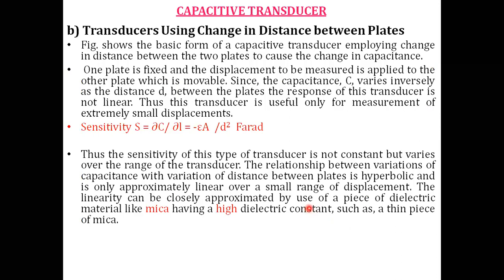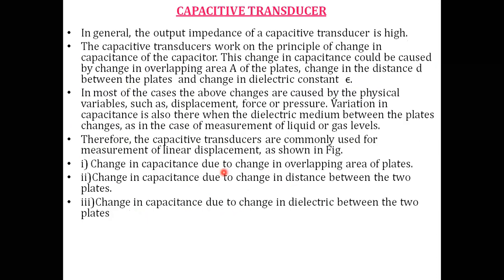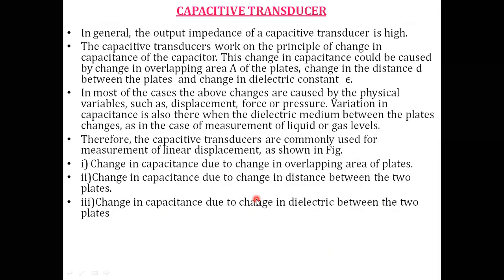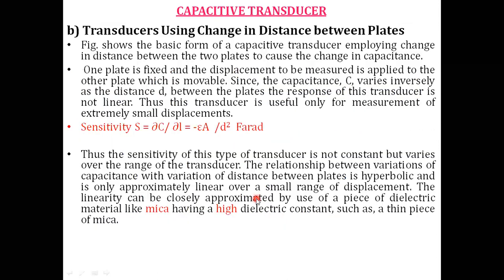Next one, the second one, that is change in distance between the plates. This is from the second diagram we are talking about. This figure shows the basic form of capacitive transducer employing change in distance between the two plates to cause the change in capacitance.